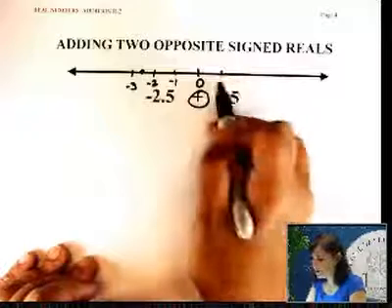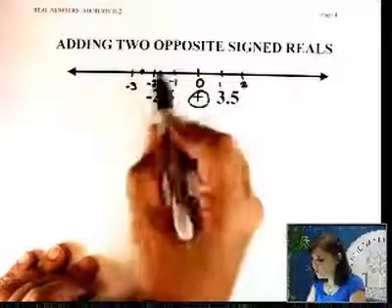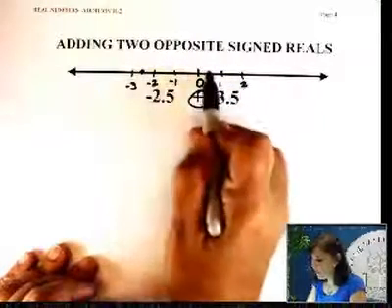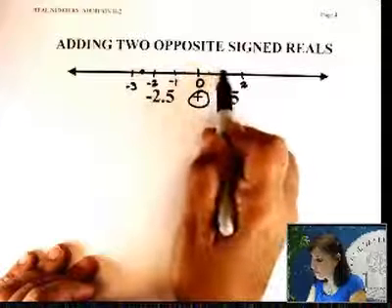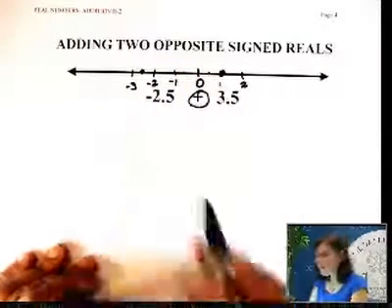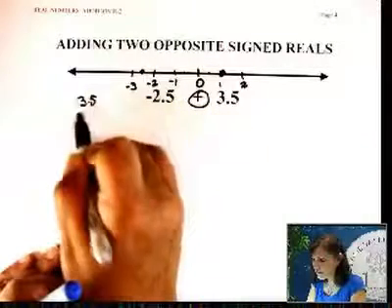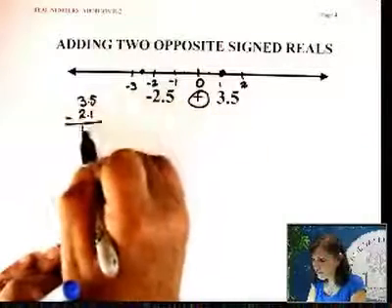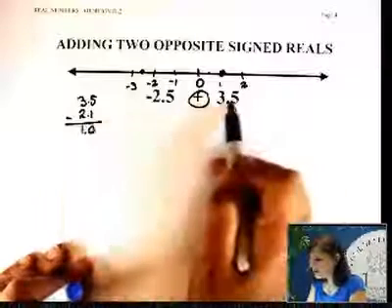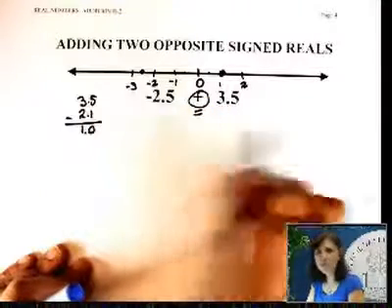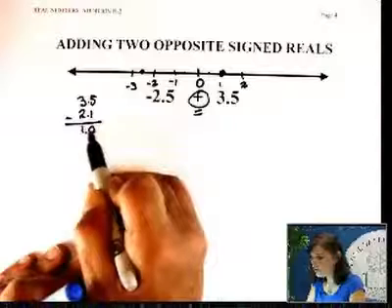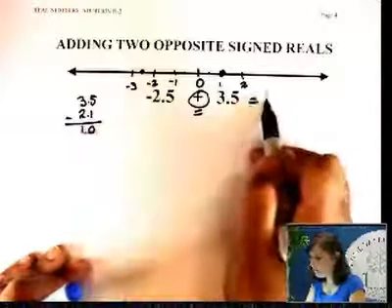That means I'm going to go to the right, 3.5. 1, 2, 3, and then half. Guess what? I ended up in here. So a positive and a negative, like I said before, take the difference. The difference is 1. And then this one is the bigger number, and it's next to the positive, so that's going to be a positive 1.